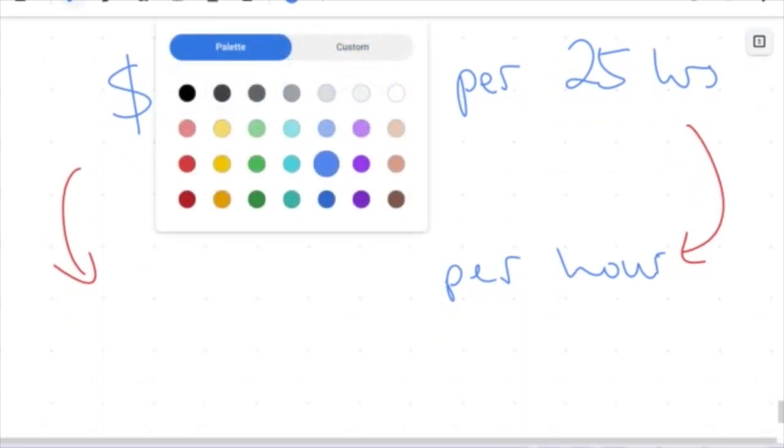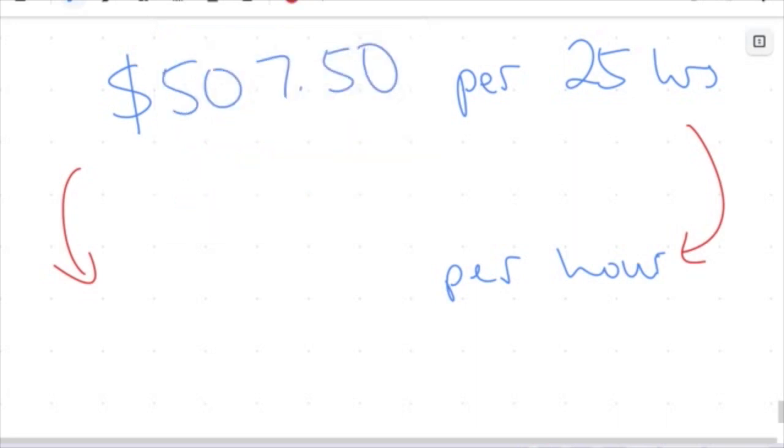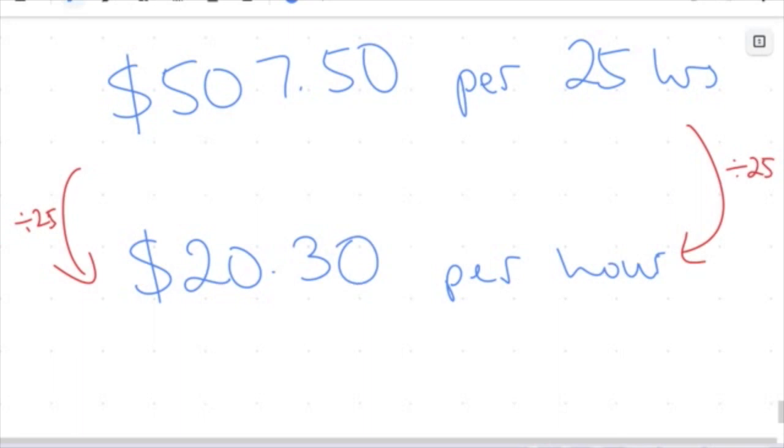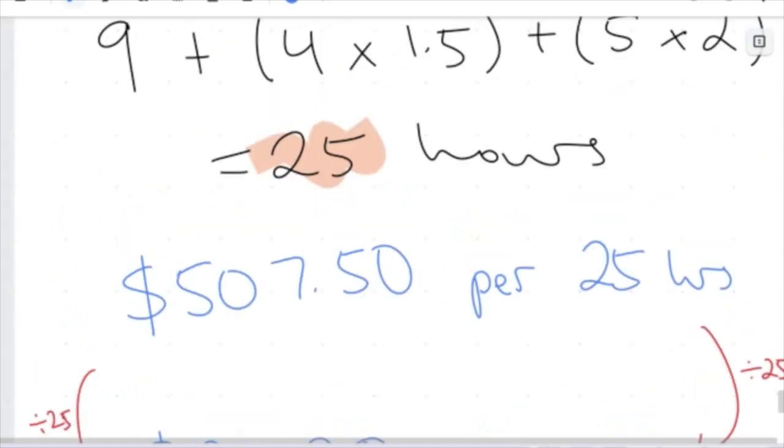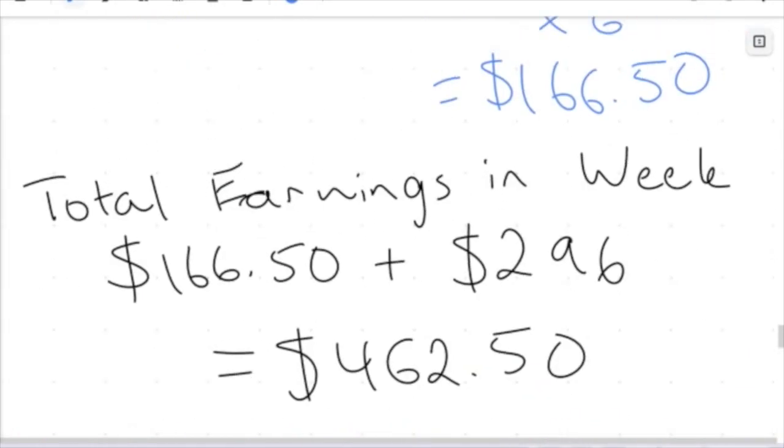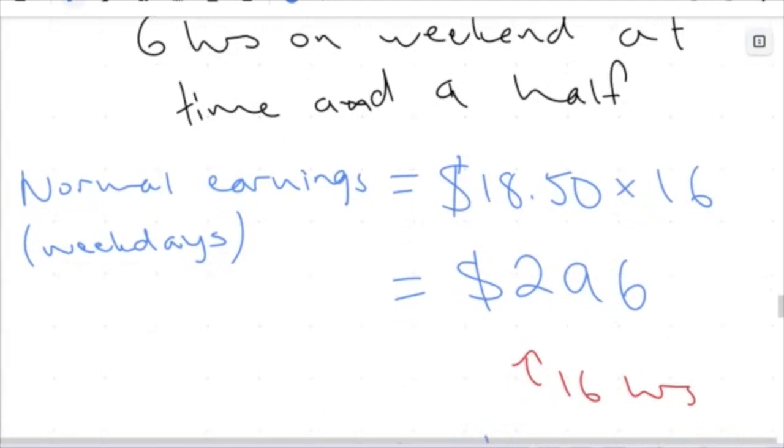So if we have $507.50 for 25 hours, finding that for 1 hour is just dividing by 25. If I divide 507.5 by 25, I get my new hourly rate of $20.30. So that's a nice pay increase up from, I think it was $16 before, or $18.50.